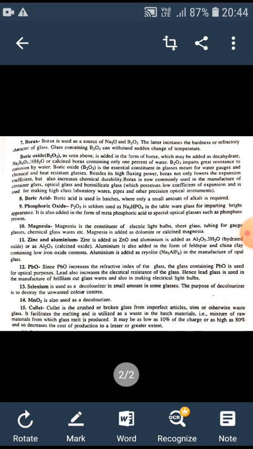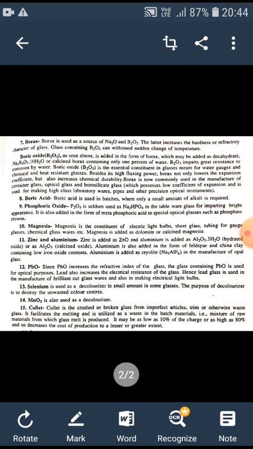Lead oxide. Lead oxide is an important raw material used in the manufacture of glass as it increases the refractive index of the glass. The glass containing lead oxide is used for optical purposes. Lead also increases the electrical resistance of the glass. Hence, it is used in the manufacture of glassware which is brilliantly cut, and also in making electrical light bulbs.